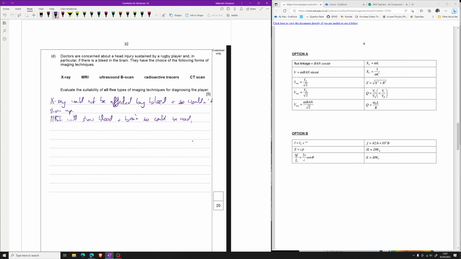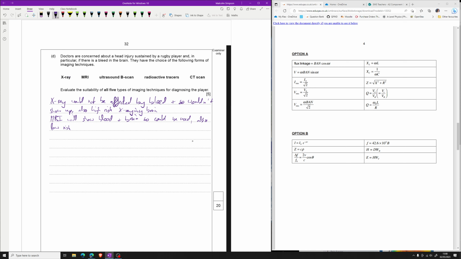Suitability, also low risk. I should probably mention about the X-rays. High risk, X-ray in brain. It's the last thing you want.